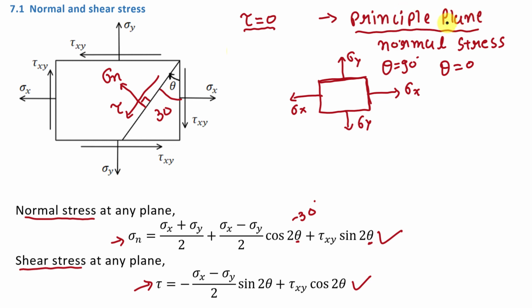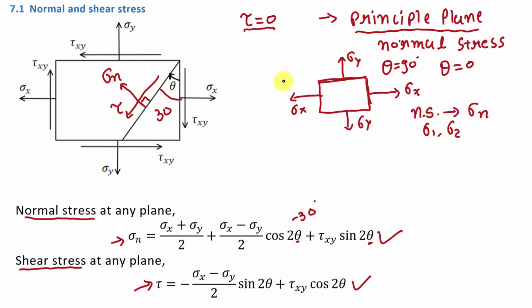And the value of normal stress, means the value of sigma n at the principal plane, is called principal stress, and that is denoted by sigma 1 or sigma 2. Means here the stress on this plane and the stress on this plane are principal stresses in the body.